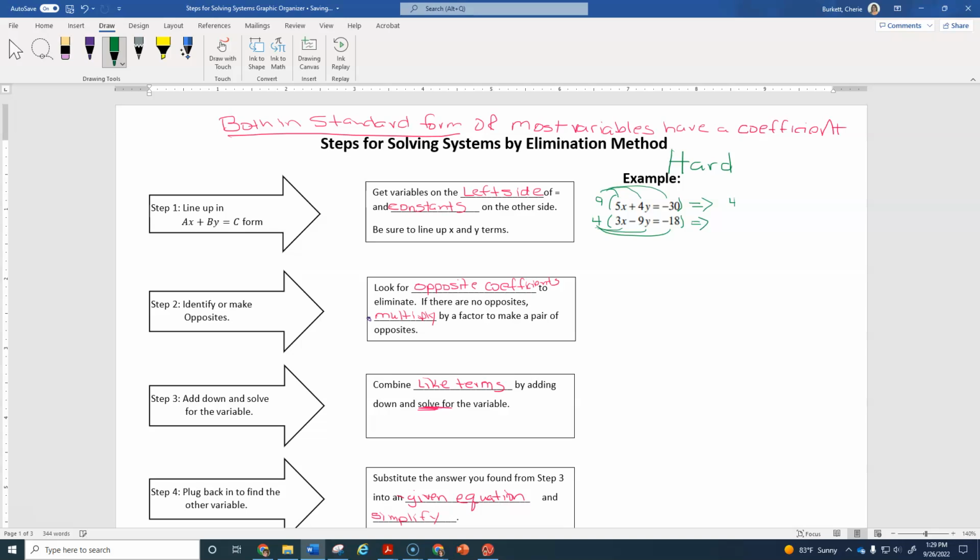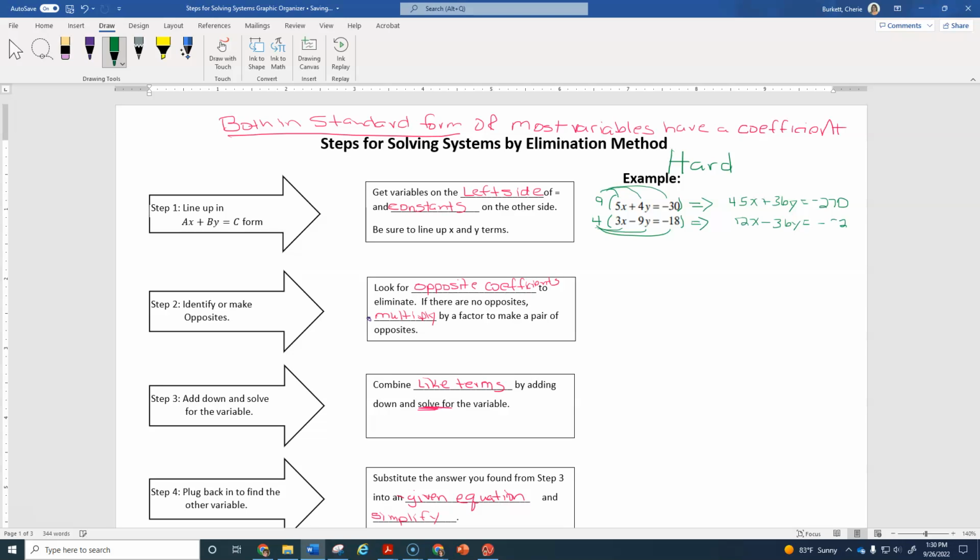So 9 times 5, that's 45x. 9 times 4, that's 36y. And then 9 times negative 30, I believe that's negative 270. 4 times 3, that's 12x. 4 times negative 9, that's negative 36y. And then 4 times negative 18, 4 times 8 is 32, 4, 5, 6, 7.